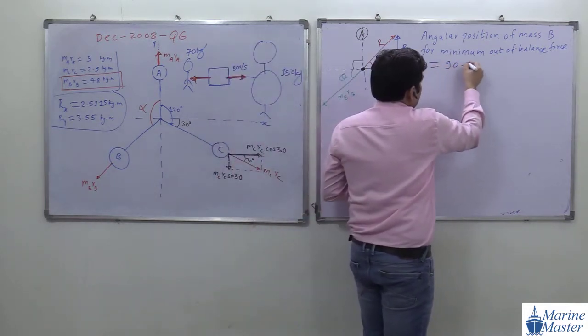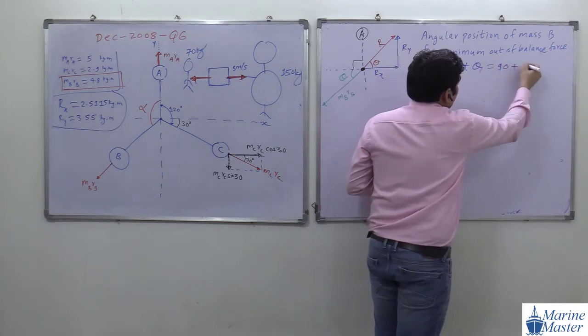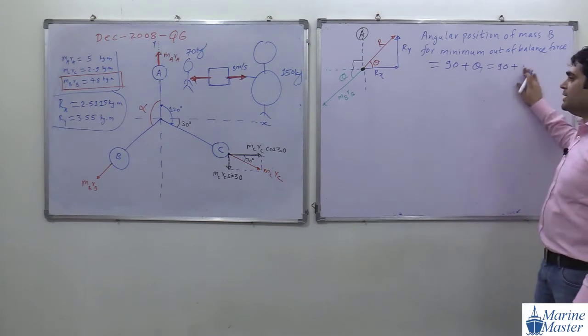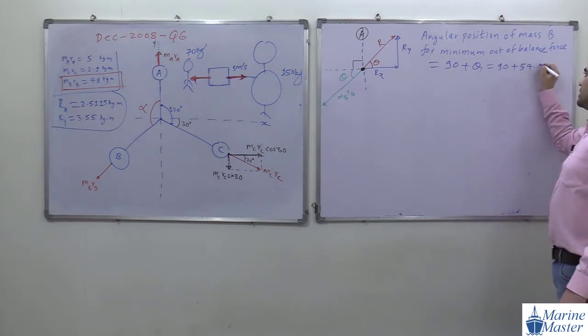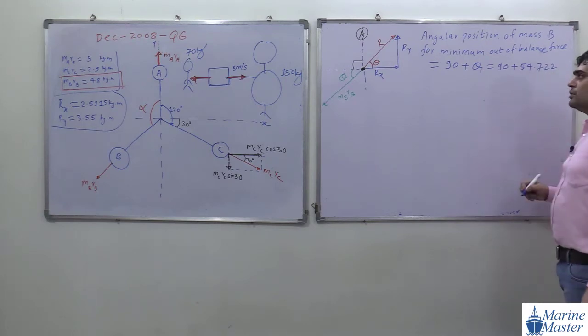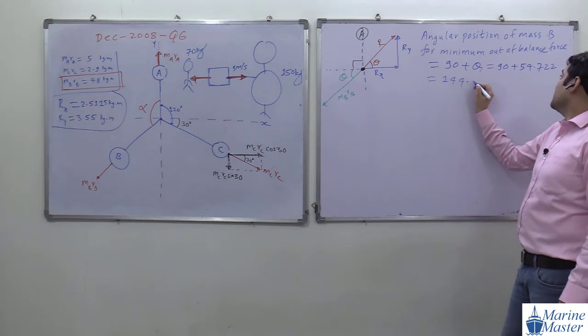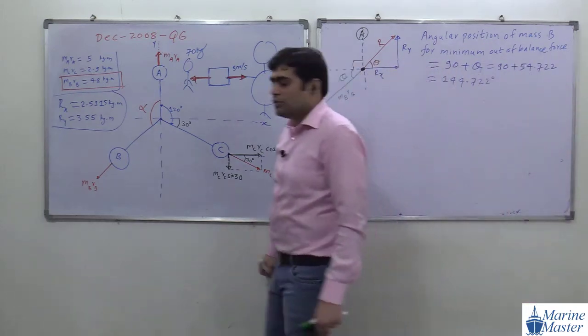So 90 plus theta. How much value of theta did we calculate, everyone? 54.722. So the new angular position is 144.722 degrees.